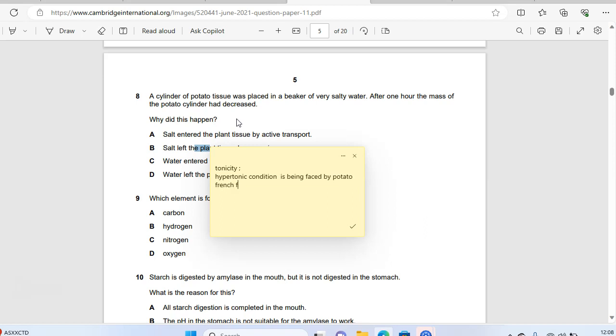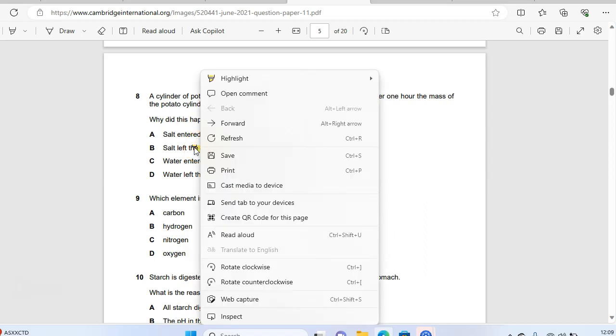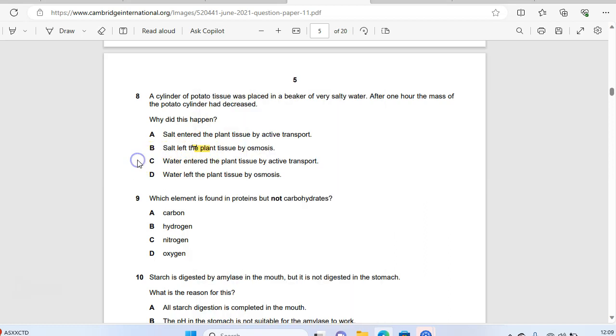All right, water will leave the potatoes by osmosis. Water left the plant tissue by osmosis. Your answer is going to be D.